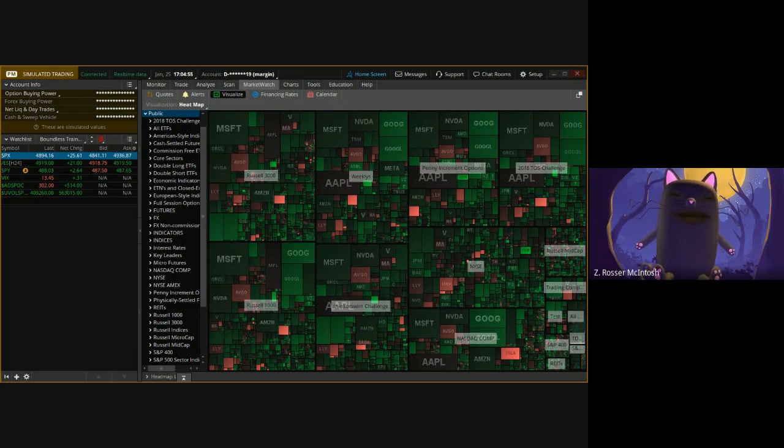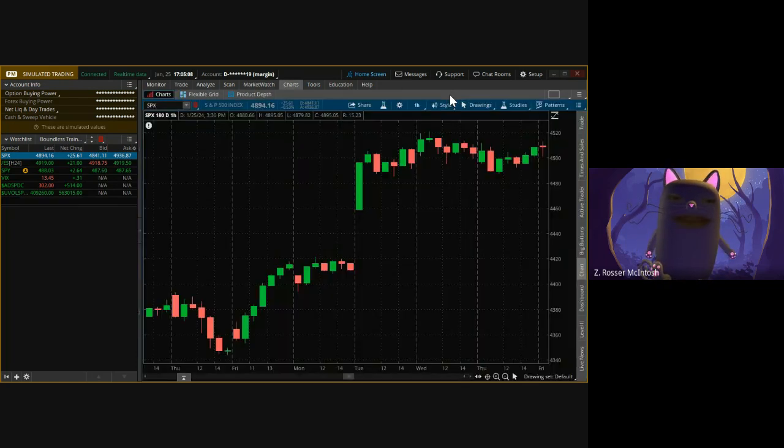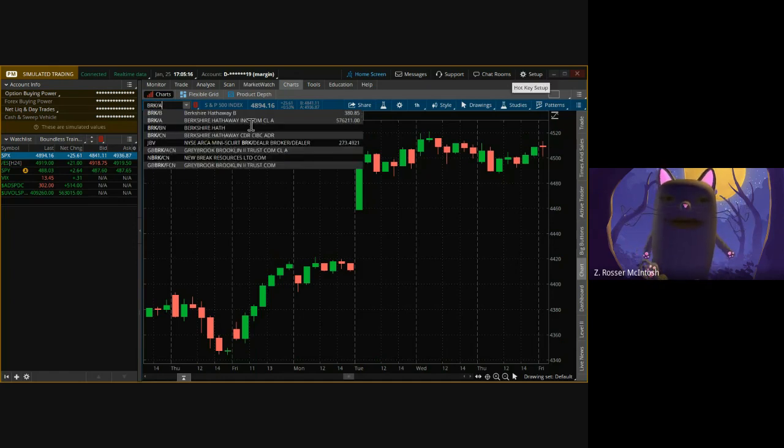There's really no limit on how many times you can split it. But if you go to charts and type in BRK/A, you can see what would happen if a stock were never split.